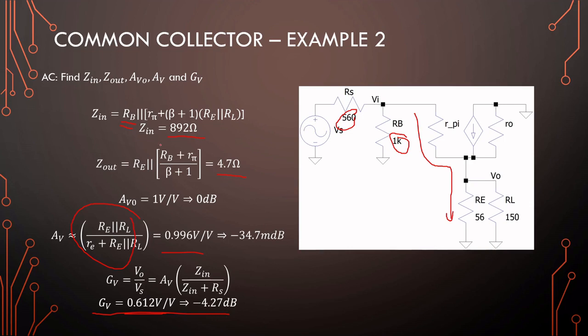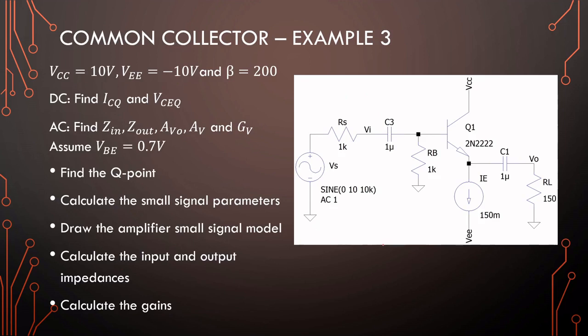Anyways, moving on. Example number 3, we added a current source with 150 milliamps supply. So this is the same as the previous problem, just with a current source.